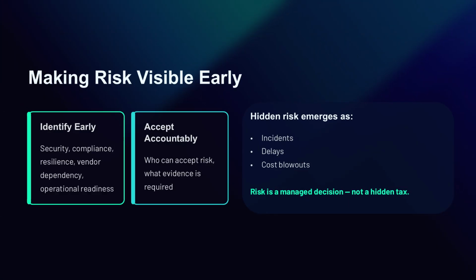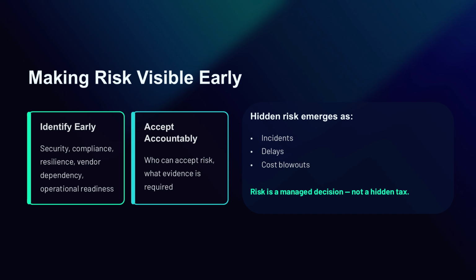Now that strategy and portfolio alignment is in place, you can focus on risk because surprises are what destroy trust. You define how risks are identified, recorded, and managed, especially in areas such as security, compliance, resilience, vendor dependency, and operational readiness. You also clarify how risk acceptance works, who can accept risk, and what evidence is required to make that acceptance accountable.